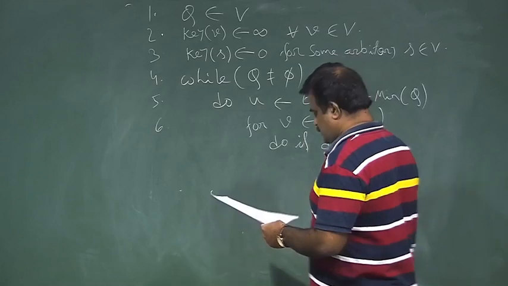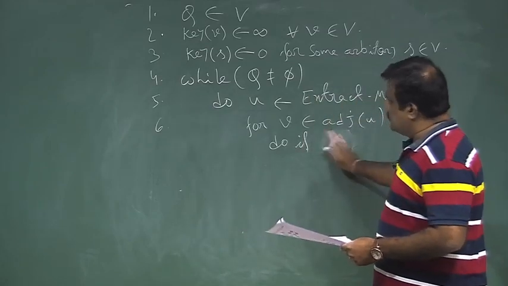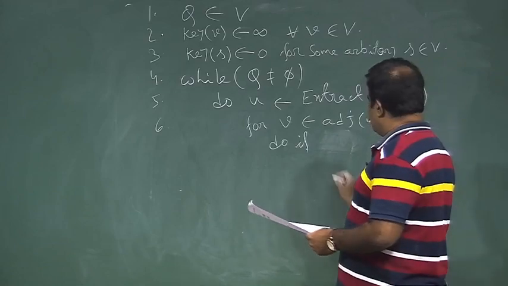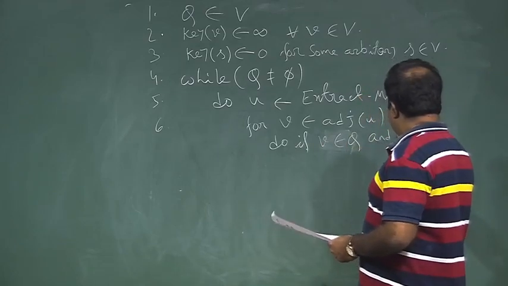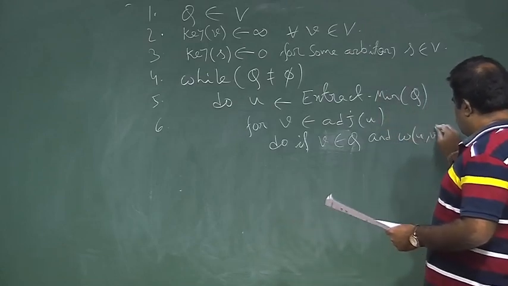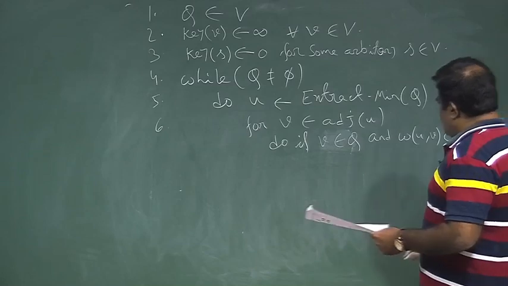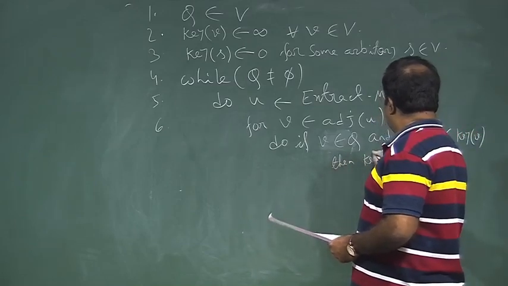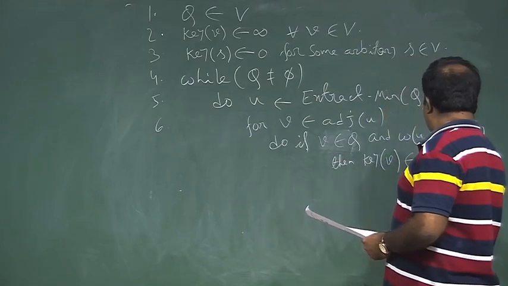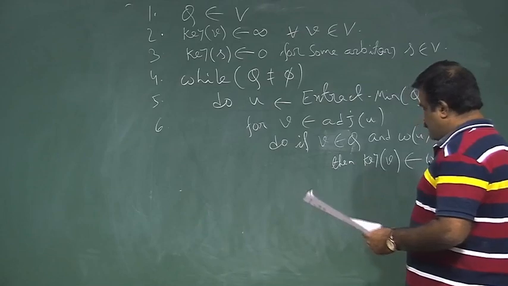if degree of v, not degree, here we are using the key value, if v is in Q and the weight w(u, v) is less than key of v, then the key of v is basically w(u, v).